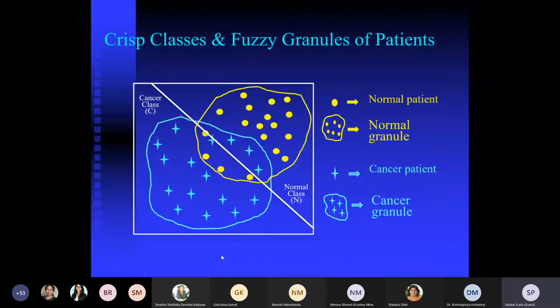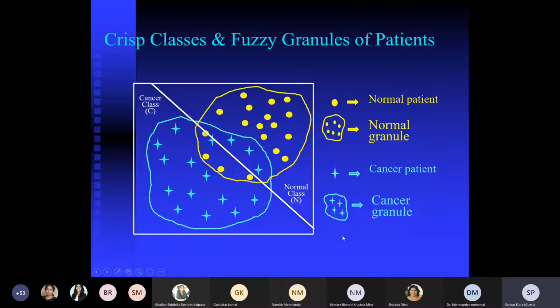So these are our crisp classes, cancer and normal. There is a boundary, there is no fuzziness, but the granules are overlapping. I call them normal granules and cancer granules. Now let's consider the simple one-dimensional case.